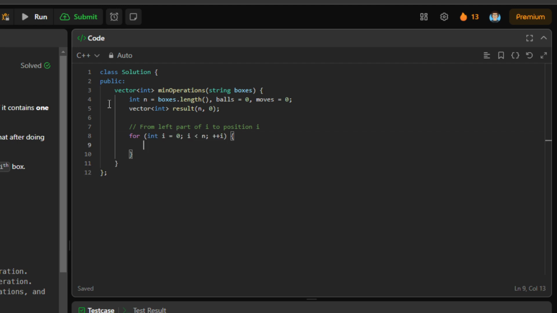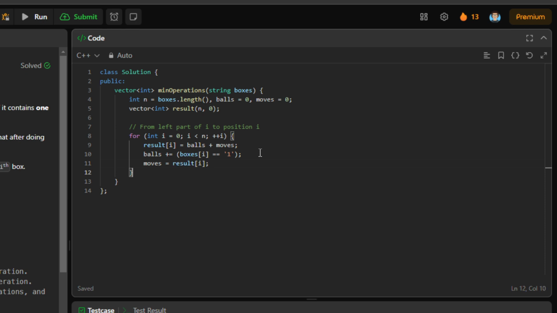We will update result of I with the number of balls and number of moves of I minus 1 position. Then we'll update the balls at position I, and the moves will also be updated.